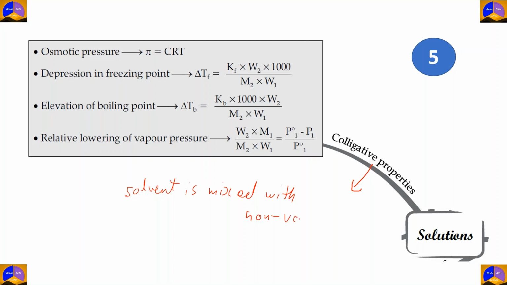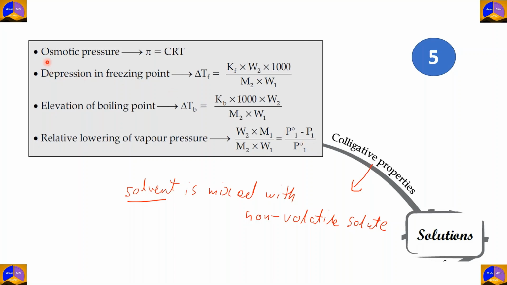So the solute here is non-volatile, while the solvent is volatile. In this chapter, we'll be studying 4 colligative properties.